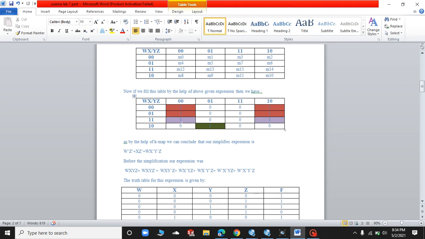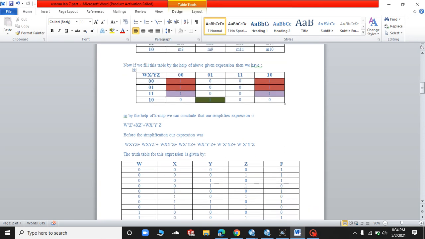As far as the first group is concerned, you can see that the w has a 0 and a 0 over here, that is w is common. In the second case, you can clearly see that the 0 and 0 is common, that is w complement z complement. And the second group over here shows x and z complement, and I have a single one, that is w x complement y complement z complement, because there are four terms which are basically involved.